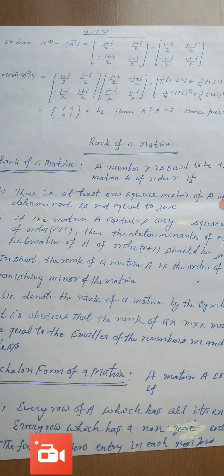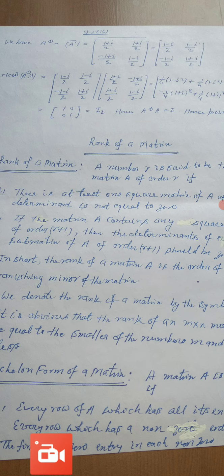of A of order r whose determinant is not equal to 0. Second, if the matrix A contains any square submatrix of order r plus 1, then the determinant of every square submatrix of A of order r plus 1 should be 0.